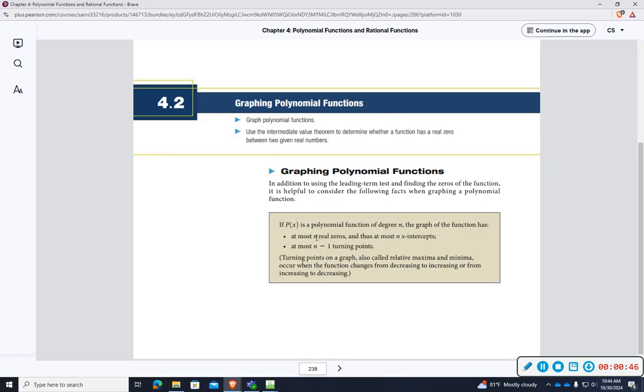One, at most n real zeros, so the highest degree is going to be the maximum number of zeros, and that same number of x-intercepts at the most, and then at the most it will have n minus 1 turning points. So when the graph changes direction, it has a maximum or minimum. When it changes directions, you'll have n minus 1 of those. All right, so that's the first objective.